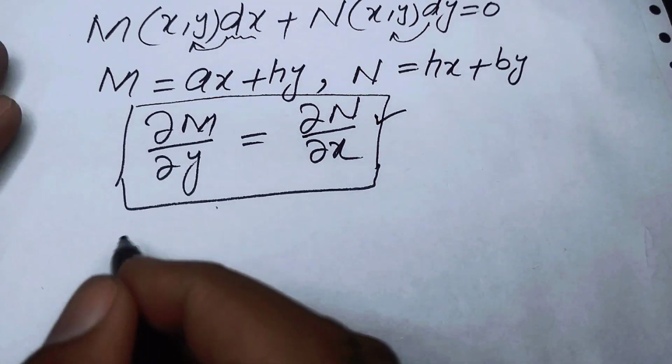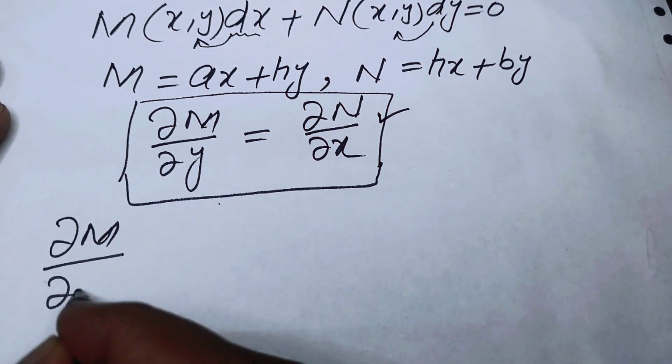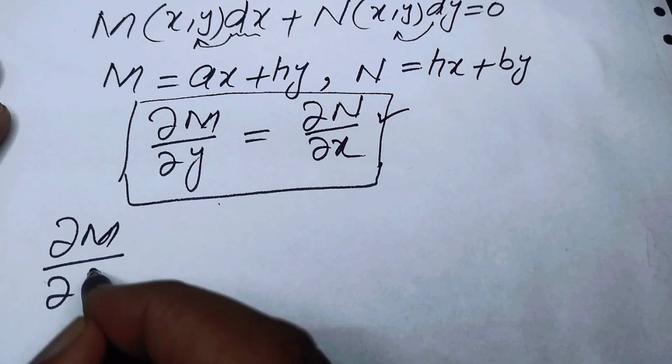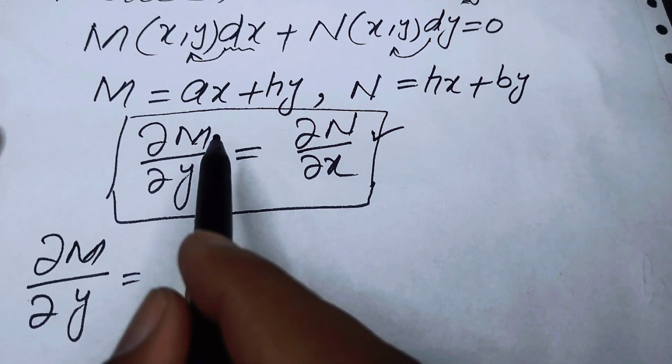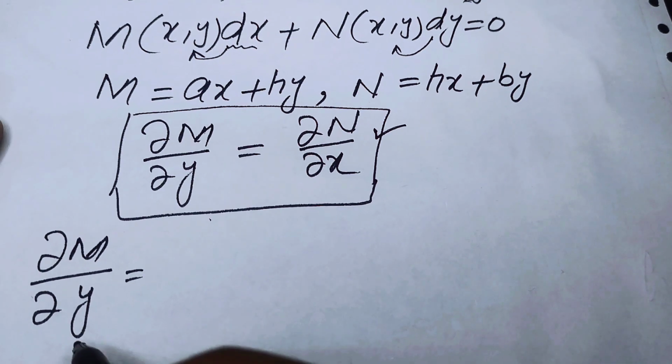And you know about partial derivatives. When we take the partial derivative of M with respect to y, all the other terms involved in this expression are considered to be constant and only y is the variable.